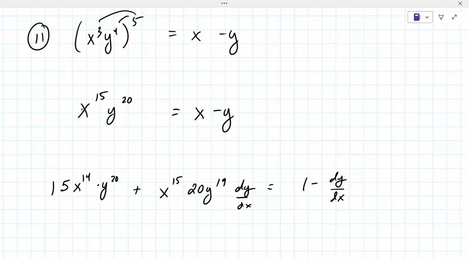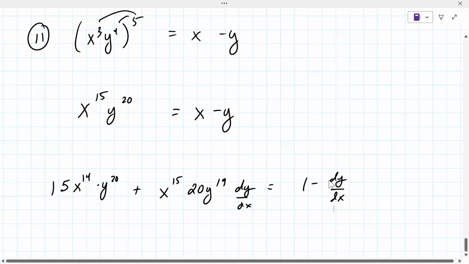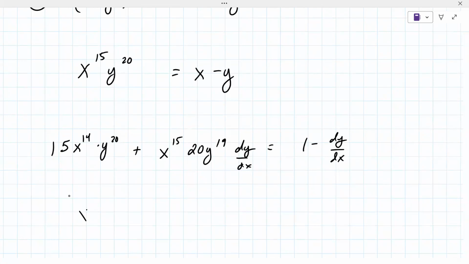And then I just move the dy dx over, and then this to the left. So it's x to the 15th.